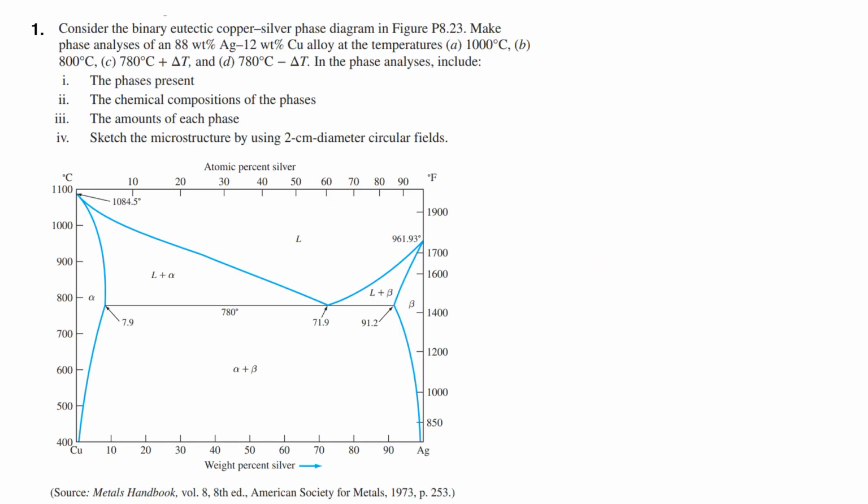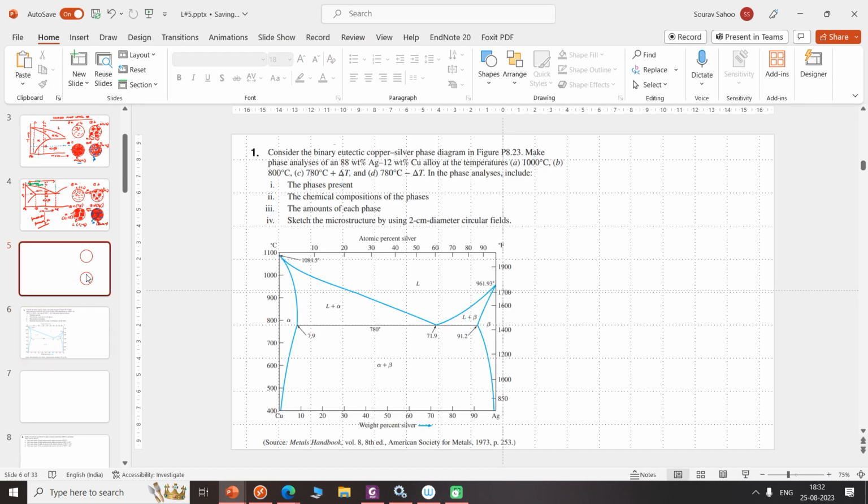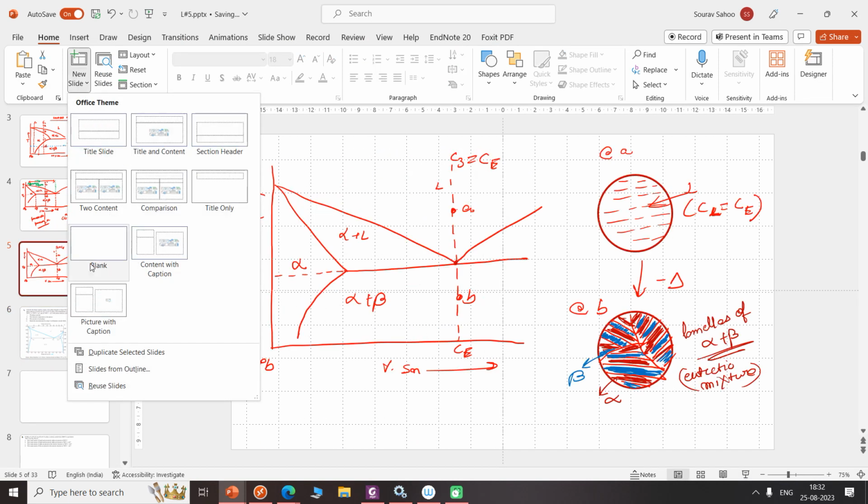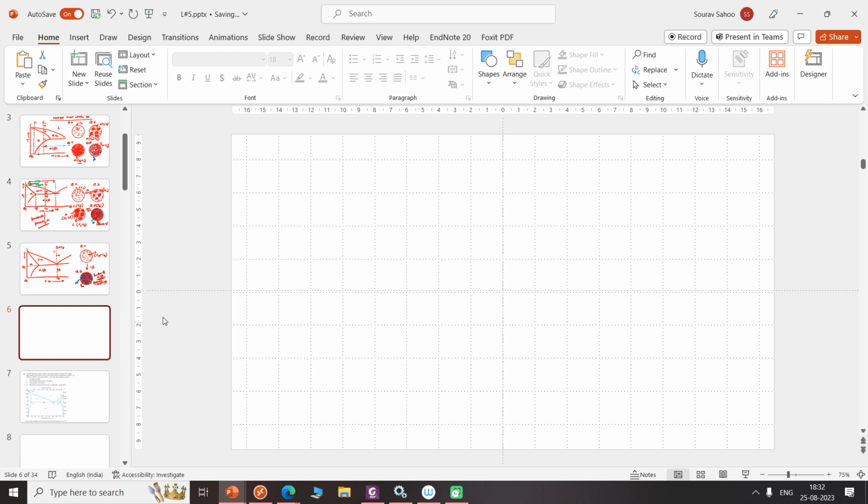So we'll quickly go through an example of what we have also covered this week, that is non-equilibrium cooling. What happens in non-equilibrium cooling, we have seen, is that we are cooling the liquid fast enough. So let's briefly describe non-equilibrium cooling.